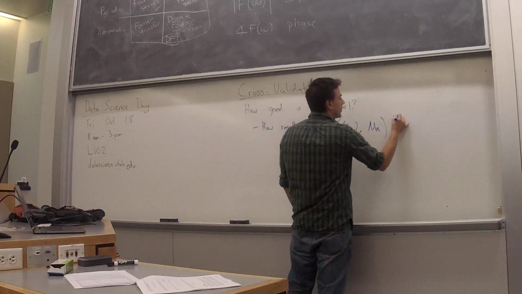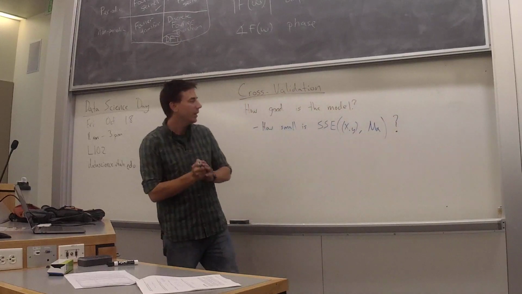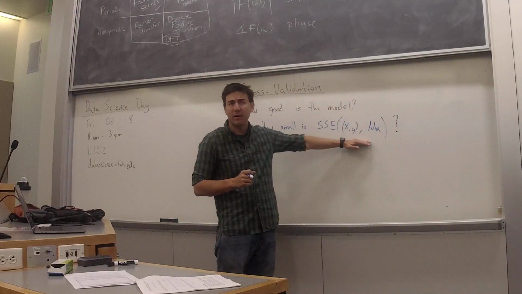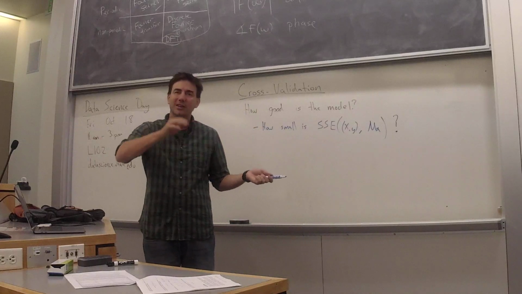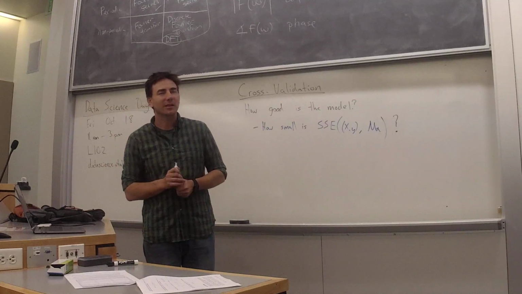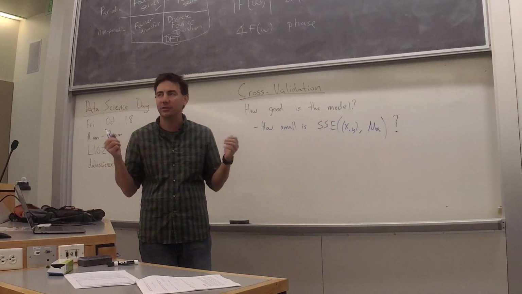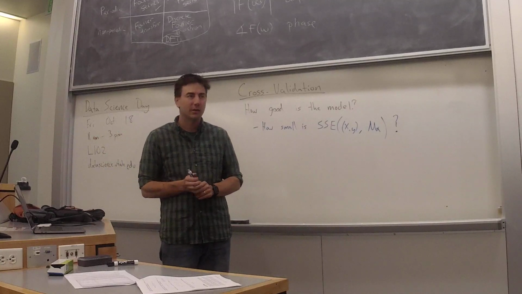If this was true, then as I keep increasing the value p, this sum of squared errors is going to keep going down and down. But at some point, it's going to start doing something silly. It's going to fit the data, but it's not necessarily something we're going to trust. It's going to overfit onto the data.